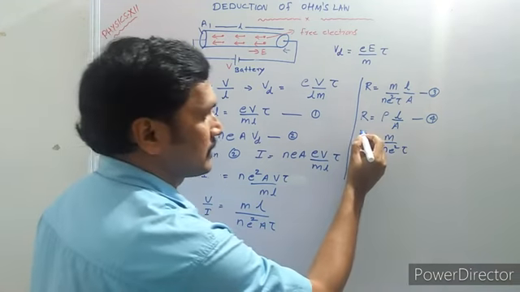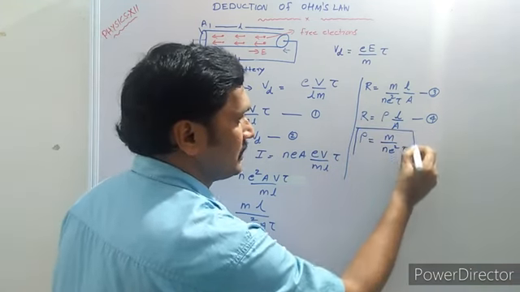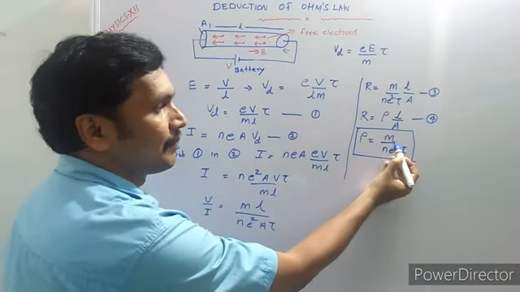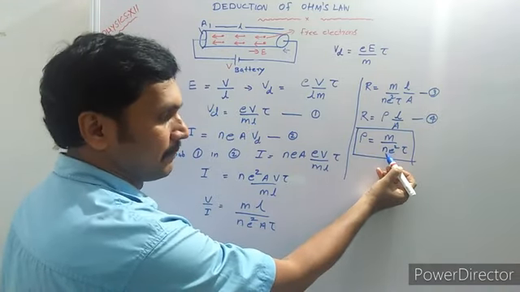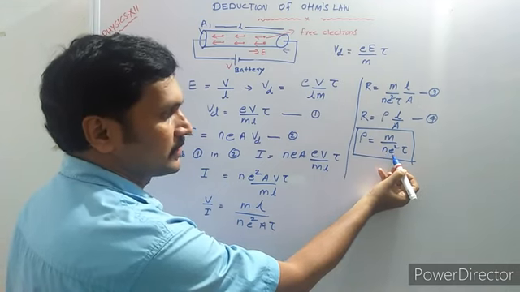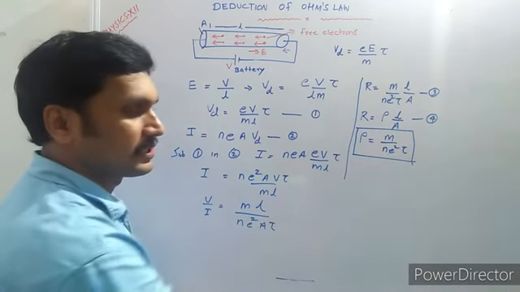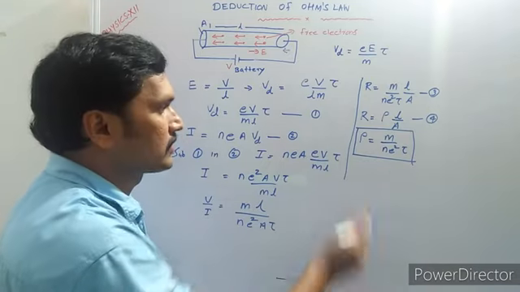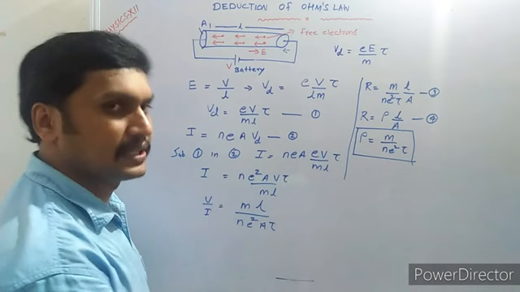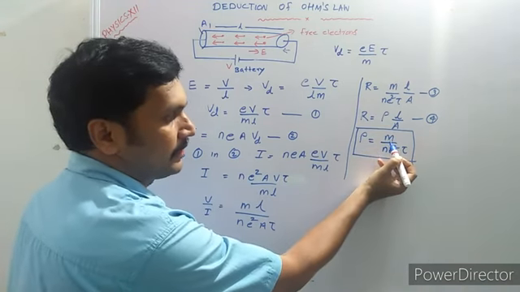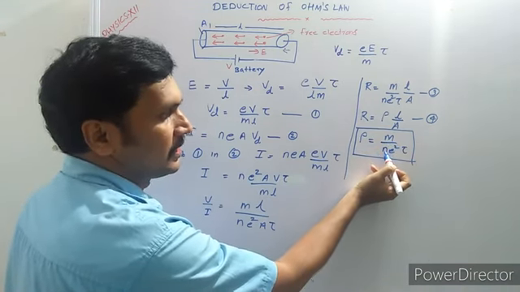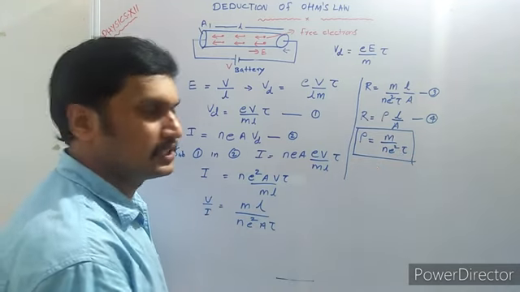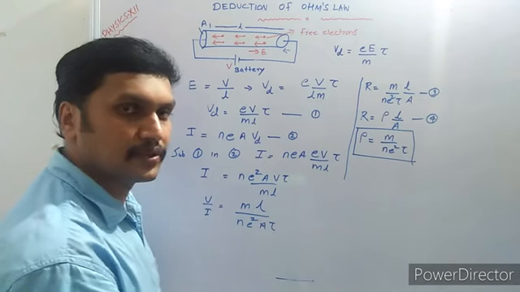So this is an expression for the resistivity of the material of the conductor in terms of the mass of electron, number density of electrons, charge of electron, and the relaxation time. And this expression shows that the resistivity is a constant for this material. On the right side we have all constants: m is constant, and n, e, tau are constant if the temperature is not changing, since the relaxation time is then also not changing.